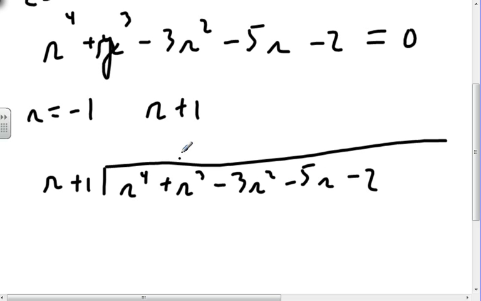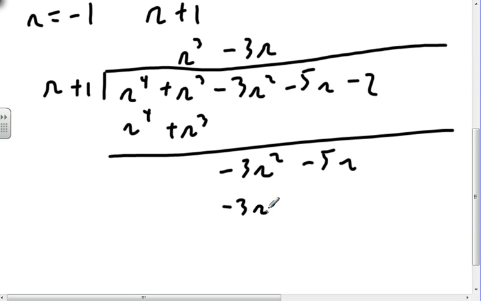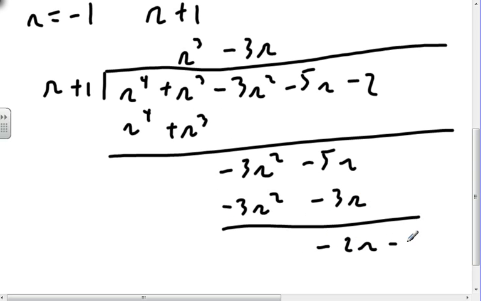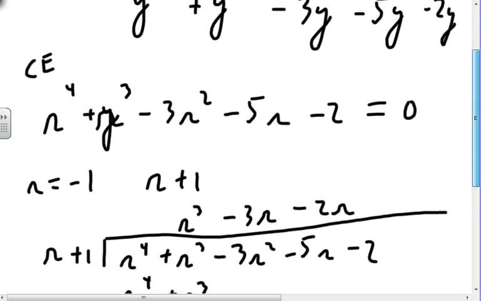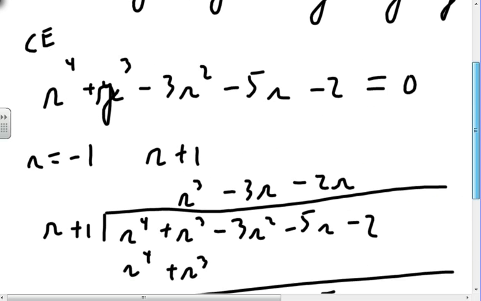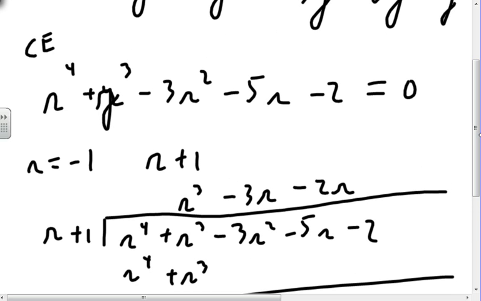Okay, so that goes into there, r cubed times r to the 4th, r cubed minus 3r squared minus 5r. That goes in there, minus 3r times minus 3r squared minus 3r minus 2r minus 2. That goes in there, minus 2r times. Something's wrong. How can that be?